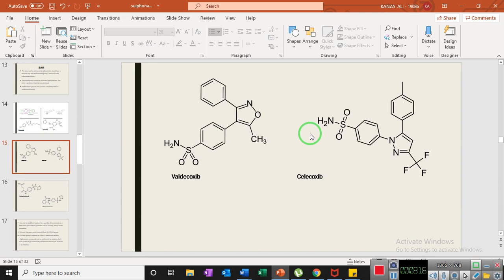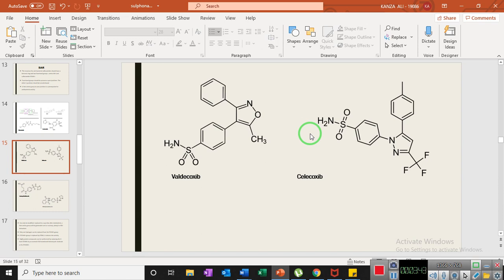Here we are saying that the different derivatives have got different effects. The antibacterial, the anti-diabetic, diuretic, analgesic. Okay.